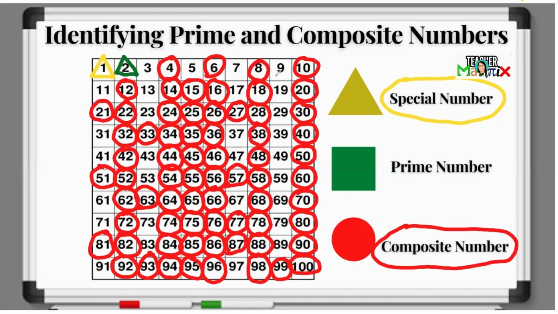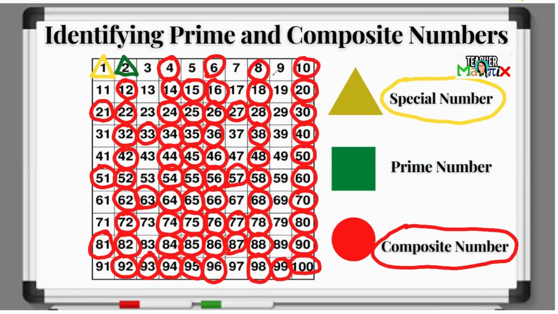Let's continue here. We have, okay, 9 is a composite number because it is divisible by 3. It is divisible by 1. So there are 2 or more factors, 3, 9, and 1.